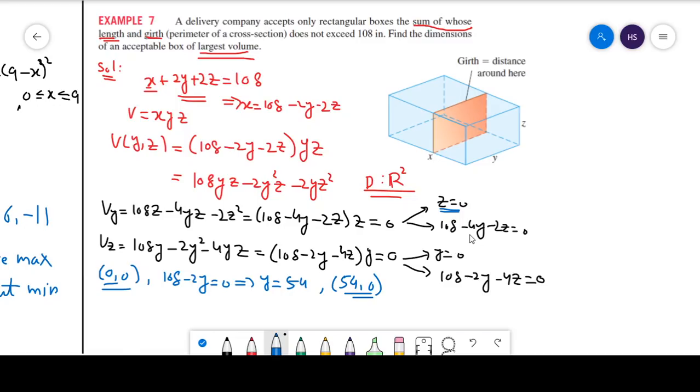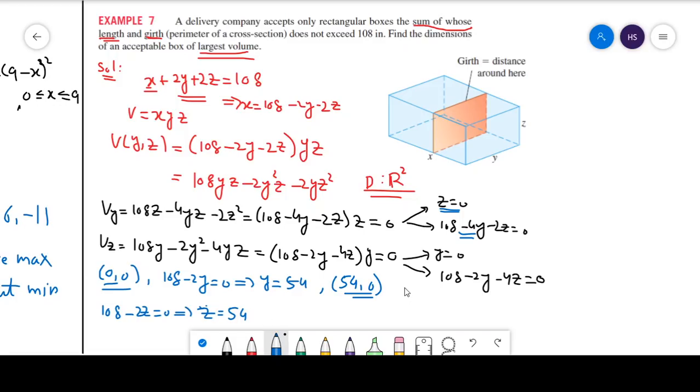And now we will take this option. So if you combine it with y equal to 0, you will get 108 minus 2z equals to 0. So this would give us z equals to 54.